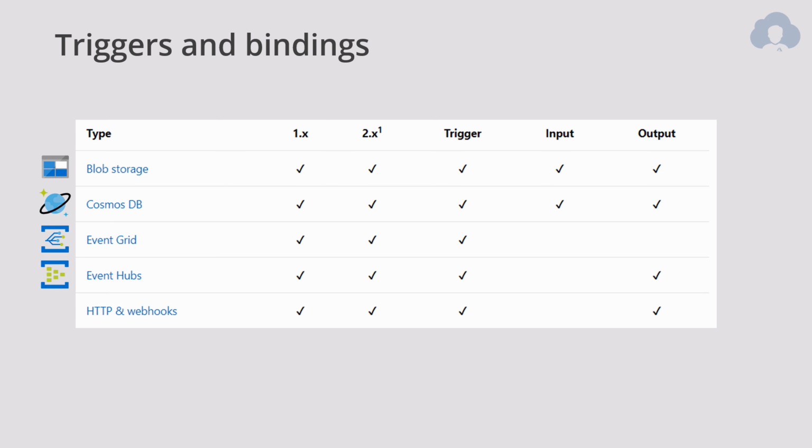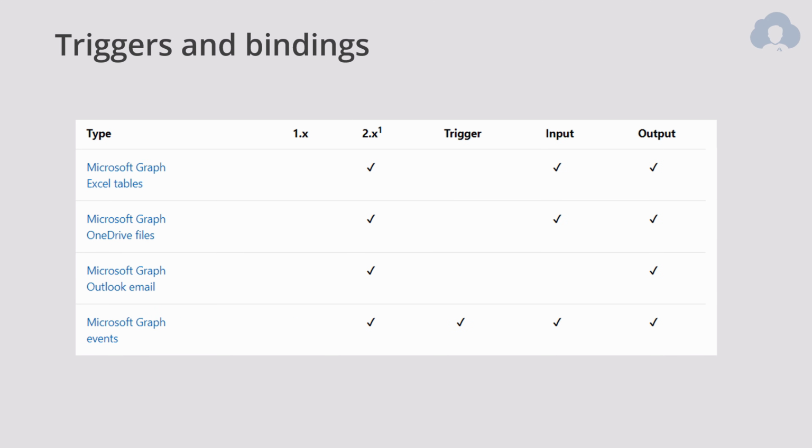So you have, of course, blob storage, Cosmos DB, event grid, event hubs, HTTP and webhooks. Those are standard. This is not a service binding. This is just a binding for you to create your HTTP RESTful services. You also have integrations with Graph. Graph is a crazy good API delivered by Microsoft to manage all things about Office and Azure Active Directory.